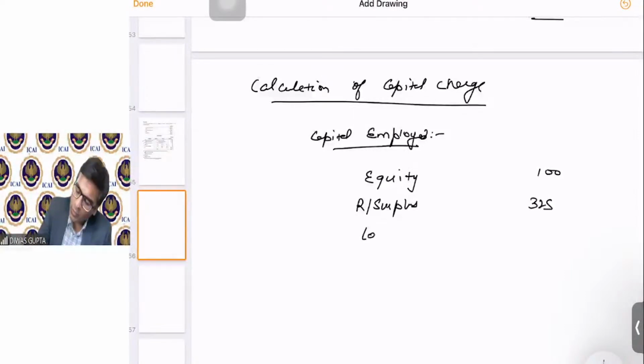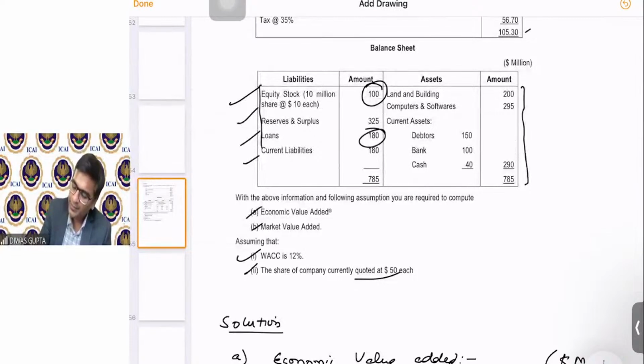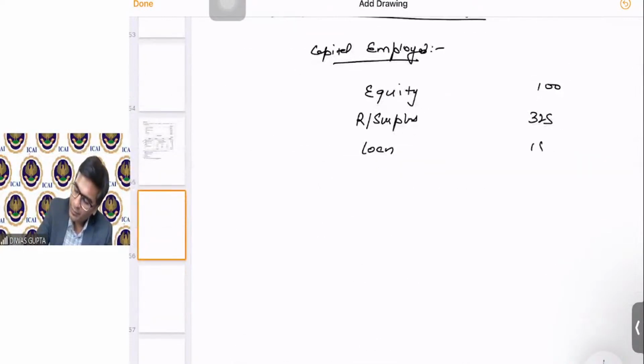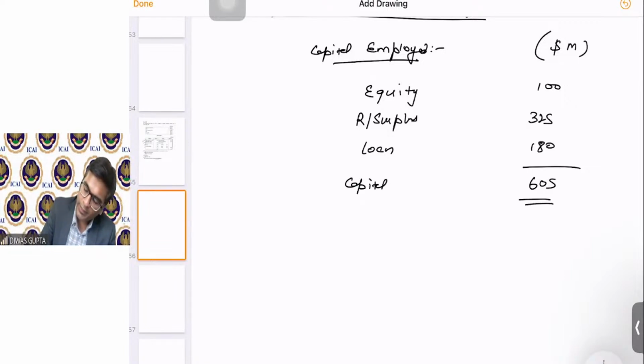Then there is a loan as well in the balance sheet, 180. So this becomes 100 plus 180 plus 325, 605. This is again dollars in million. So 605 is the value for the capital employed.